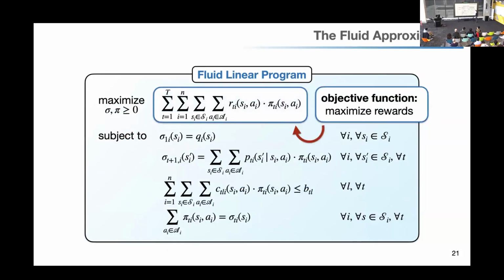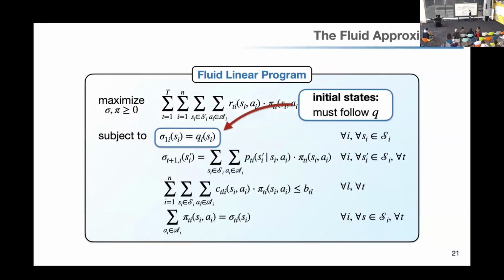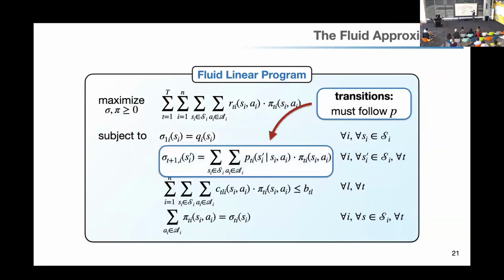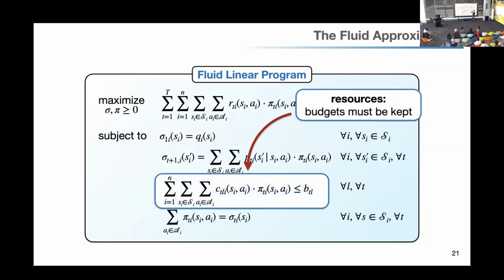And then what we try to do is maximize the expected total rewards over all time periods, patients, and state action pairs for each patient, subject to constraints on the initial patient population, the one-step dynamics of the patients, the resource constraints, and a constraint that no patients get lost at the end of the week.